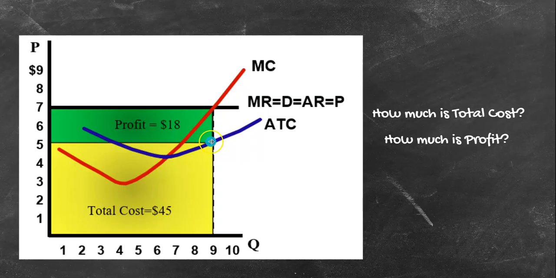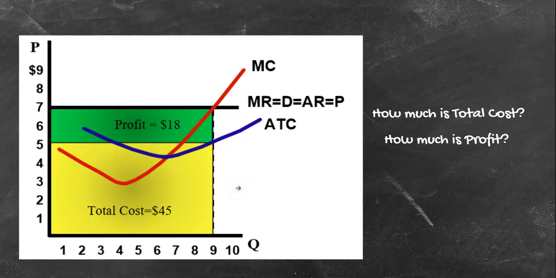And at this point here, if we go all the way to the left and we take a look at the price for our average total cost at a quantity of 9, this gives us 5. And so for our total cost, we're going to take 5 times 9, and this gives us a total cost of $45.